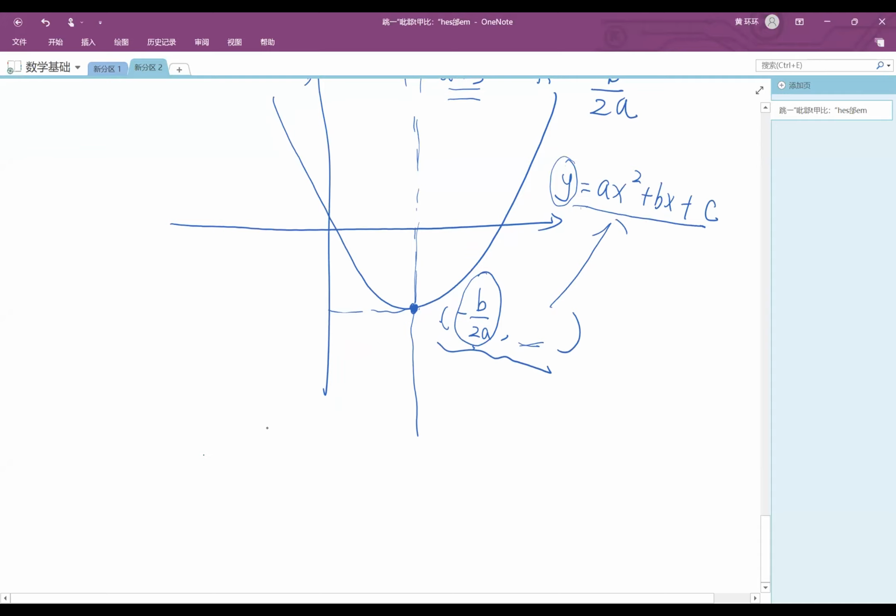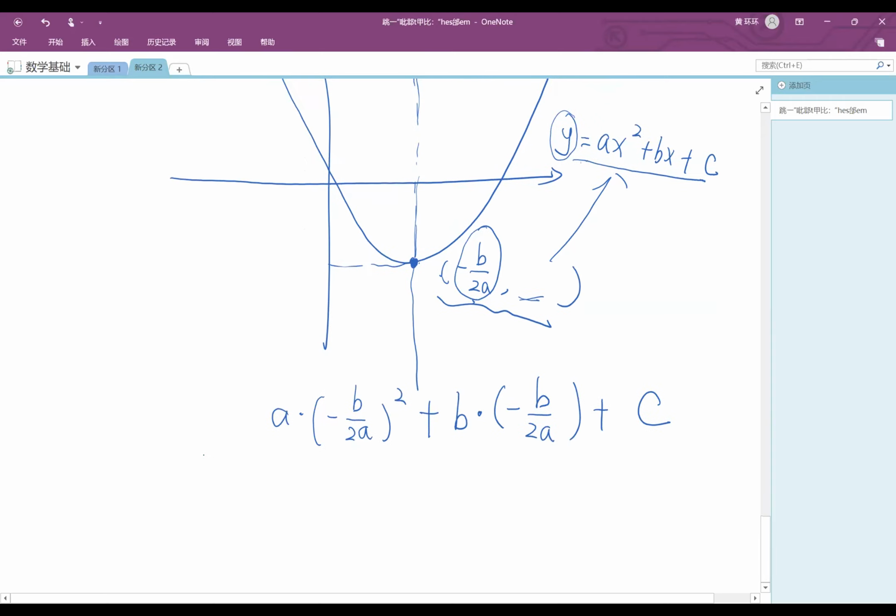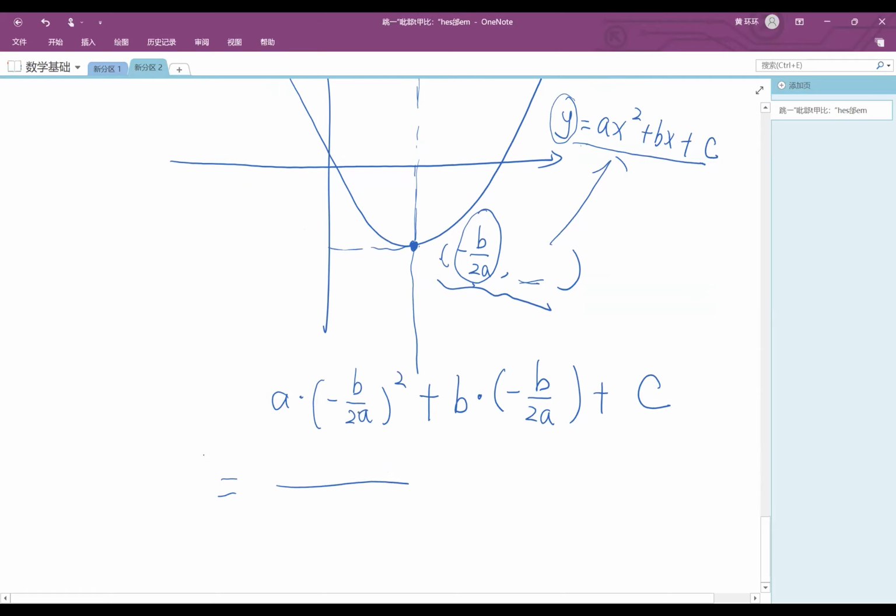So we can get a multiplied by x squared, where x is equal to negative b over 2a, so x squared, plus b multiplied by x, where x is equal to negative b over 2a, and plus c. And we can get, let's see, 2a squared is equal to 4a squared, right? And then this is b squared, right?